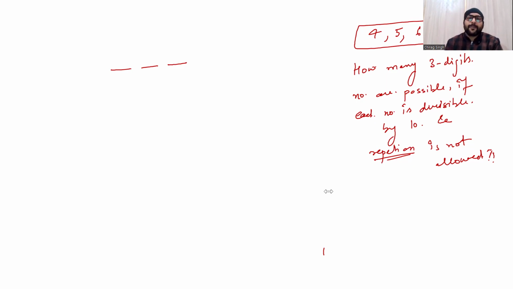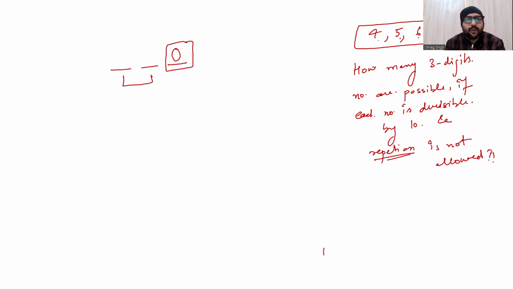बिल्कुल सही। देखो बेटा, for a number to be divisible by 10, ओके, क्या कंडीशन होती है? That the number must end with zero. So here I have fixed what? Zero. This place is fixed, which means one of the numbers I can simply ignore. Now for remaining two places, how many choices I have?